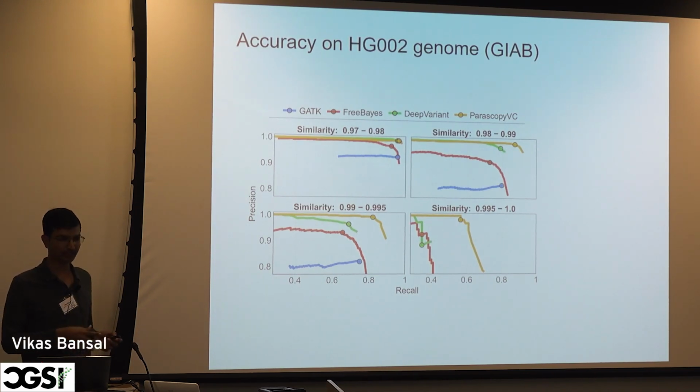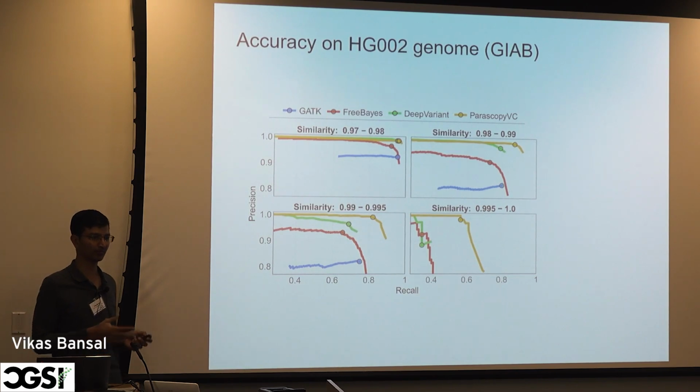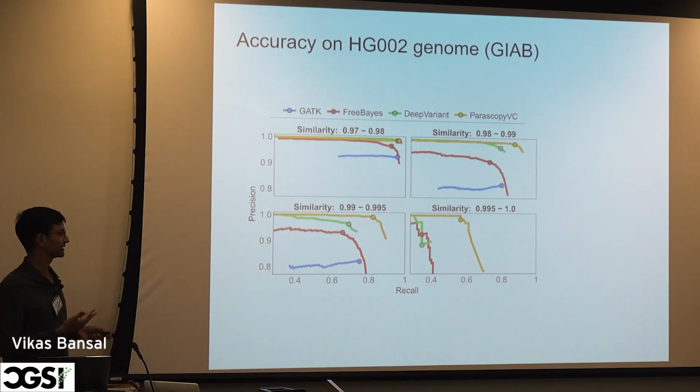And what we found is that compared to these 3 different standard variant calling methods, this multi-locus approach does better on precision and recall. And as the sequence similarity increases, our method has a greater improvement in both precision and recall. This is not surprising because regions that have very high sequence similarity are where you would expect this problem of low mappability to be the most challenging for standard variant calling.